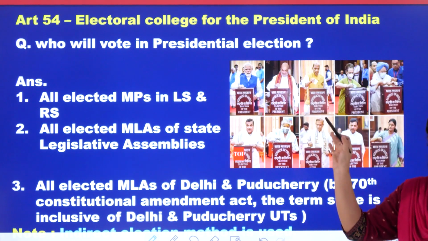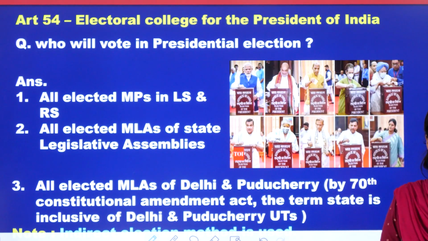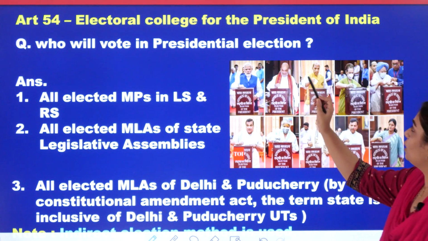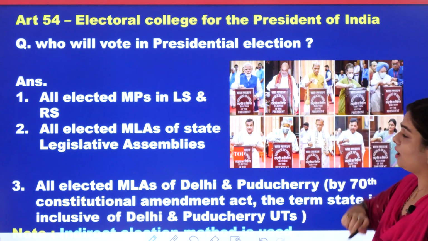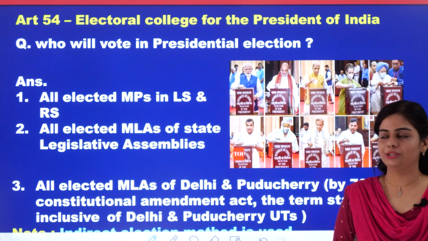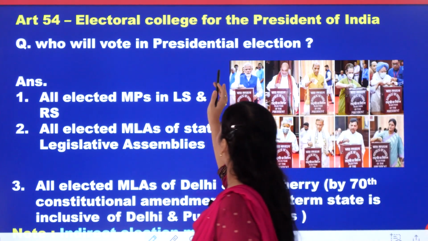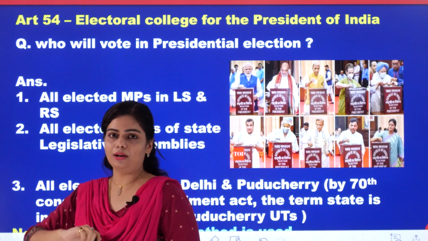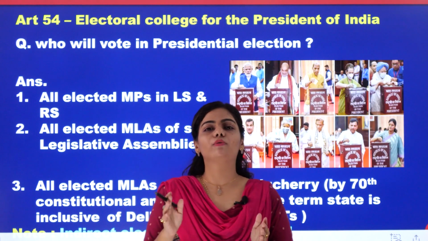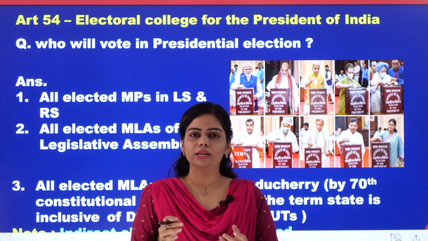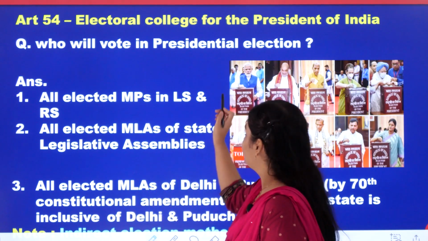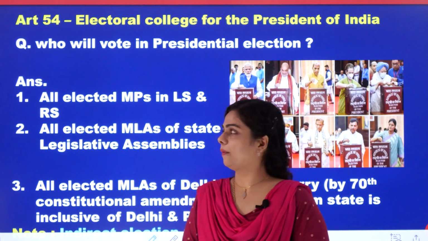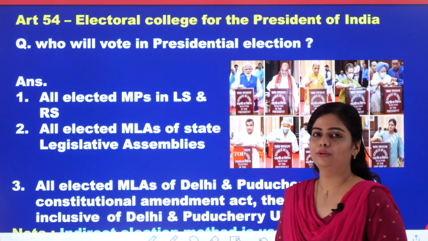So, the first topic related to the presidential election is the Electoral College for the President of India. So, what is this Electoral College? What do you mean by the Electoral College for the President of India? It means who all will vote for choosing or electing the President of India. So, who all will vote?